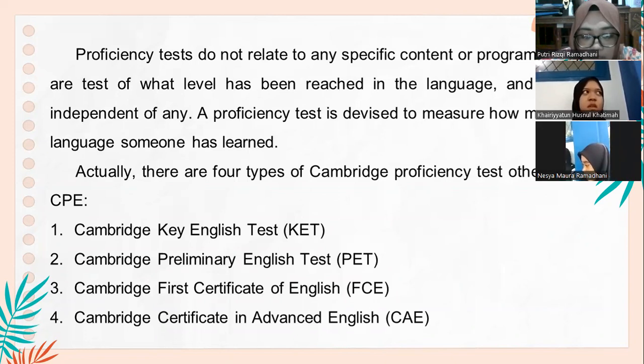The first one is Cambridge Key English Test, or KET. The second is Cambridge Preliminary English Test, or PET. And third is Cambridge First Certificate in English, or FCE. And the last one is Cambridge Certificate in Advanced English, or CAE.